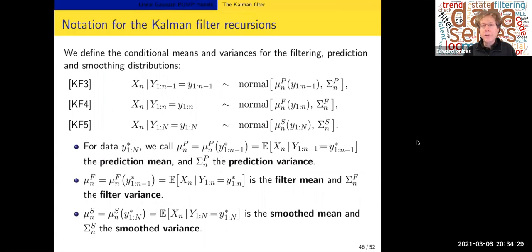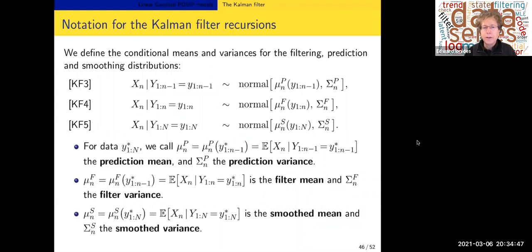To write down these Kalman filter recursions, we're going to define some notation for the quantities of interest. We know these filter, prediction and smoothing distributions are going to be multivariate normal.